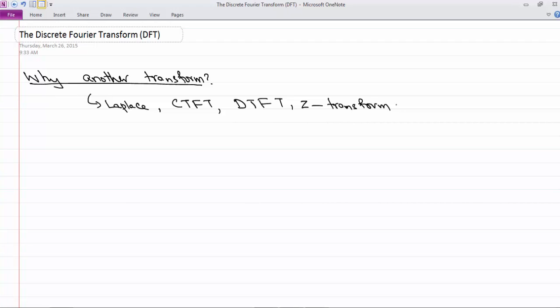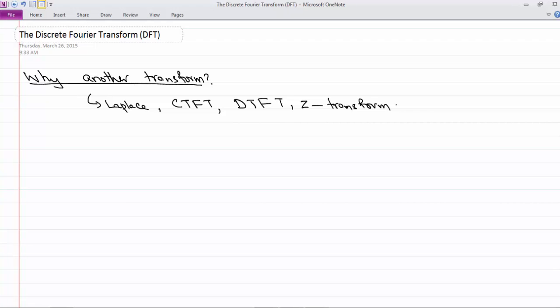Now, all of these transforms are great for analytical purposes. But what we are now doing is digital signal processing. We are talking about processing inside digital systems, and none of these transforms are great for doing computations inside digital systems.